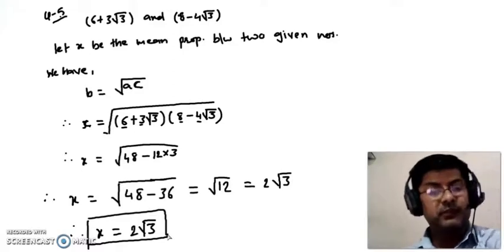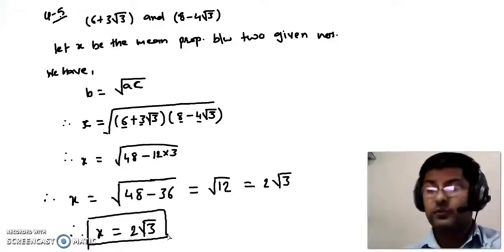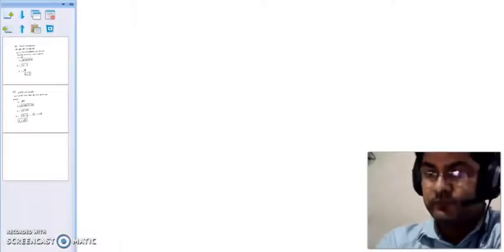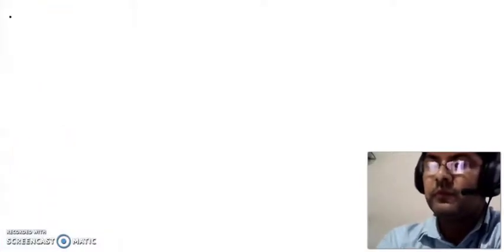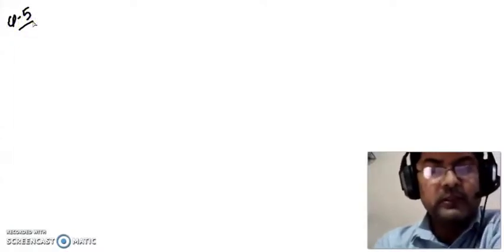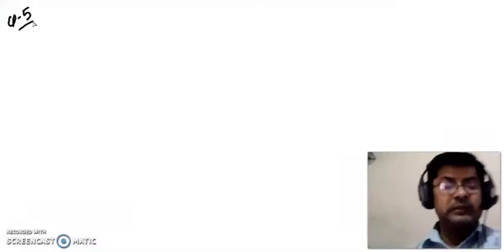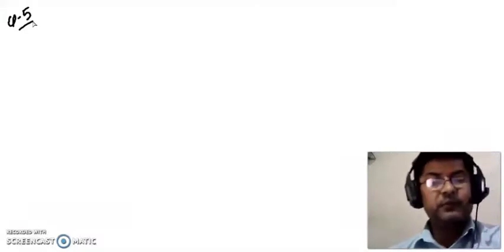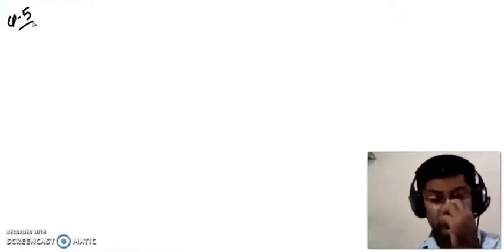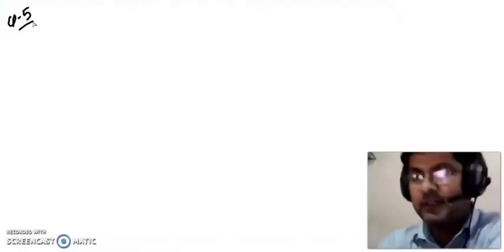So we have completed question number 4. Now let us solve question number 5. Let us read the question first. 6 is the mean proportion between two numbers x and y.